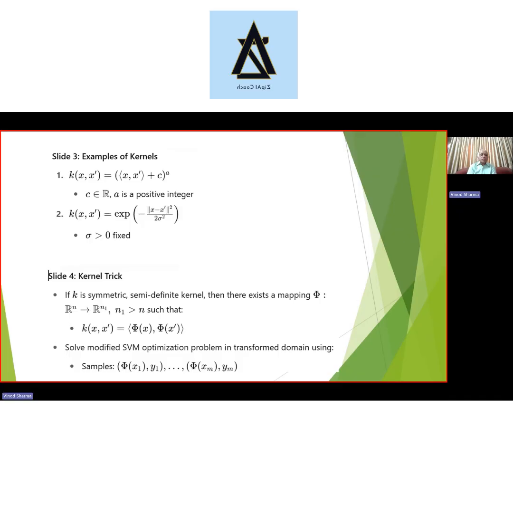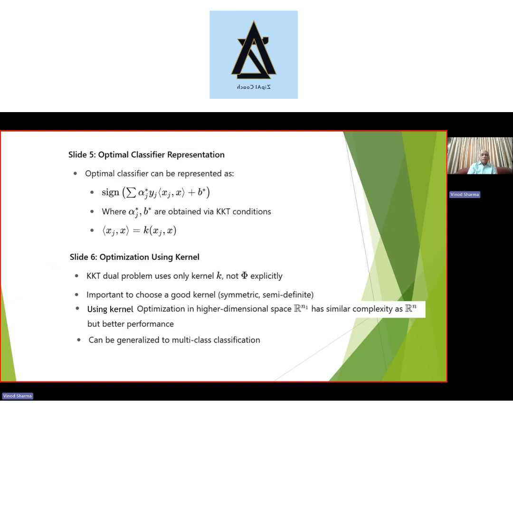However, as we said earlier, solving SVM in Rn1 can be far more computationally complex. So that's where the kernel trick comes in. By using these kernels, once we fix kernel K appropriately, we don't even have to look at phi and Rn1. And we can solve the optimization problem of SVM in the transform domain using these kernels.